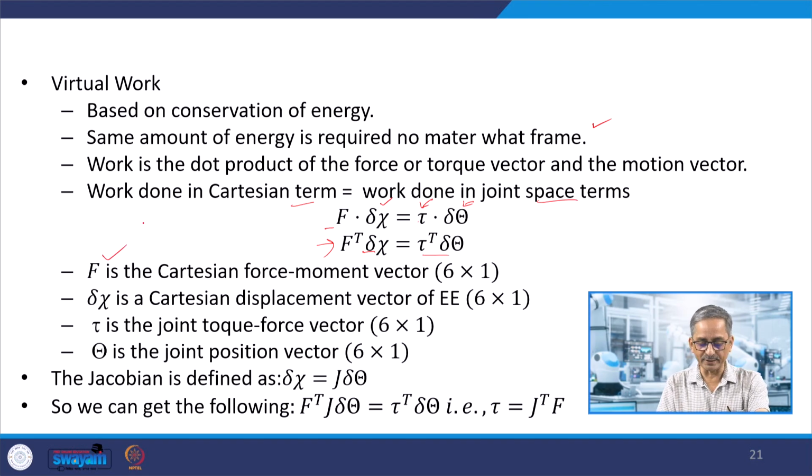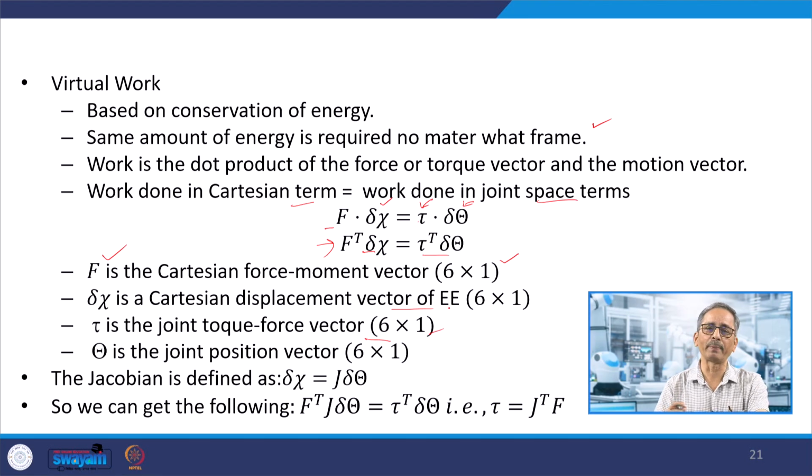You see, F is the Cartesian force moment vector, which is 6 cross 1. So, we could have the 3 forces acting at the tip and the 3 moments acting at the tip. Similarly, D psi is the Cartesian displacement vector, where we can have the 3 displacements x, y, z and 3 rotations theta, phi, psi, and tau is the joint force vector.